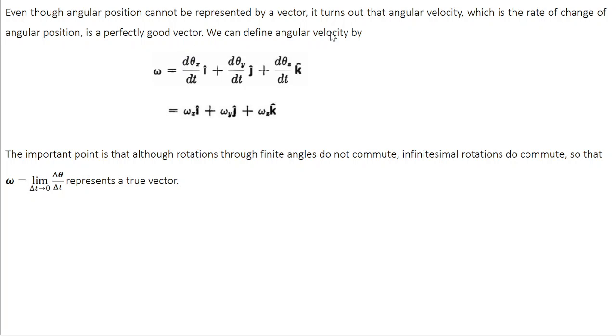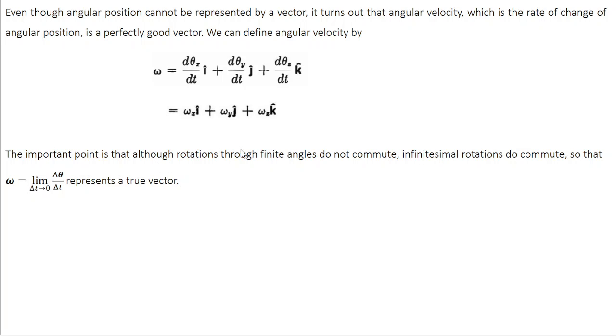So we can define the angular velocity vector as omega equal to d theta x by dt i cap plus d theta y by dt j cap plus d theta z by dt k cap, which is omega x i cap plus omega y j cap plus omega z k cap. So angular position cannot be represented by a vector, but the angular velocity can be represented by a vector. And how is this possible?